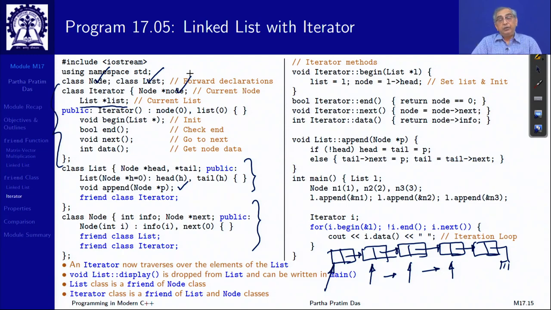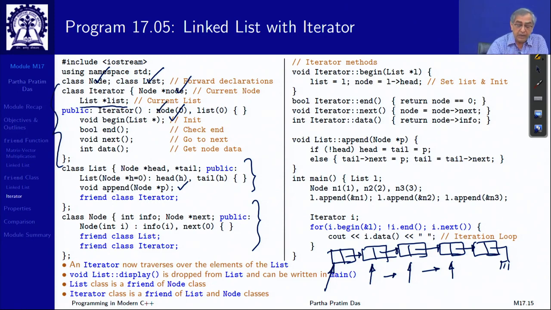Then what are the things you will need to do? You will have to initialize, that is, tell the iterator that this is the list on which you will iterate. That is different from the construction of the iterator. I can construct the iterator once and use it to traverse multiple lists.